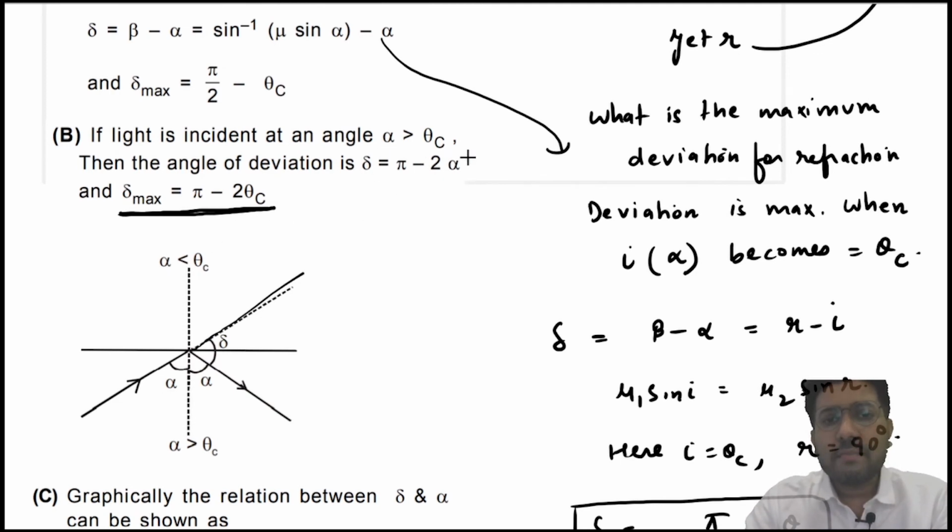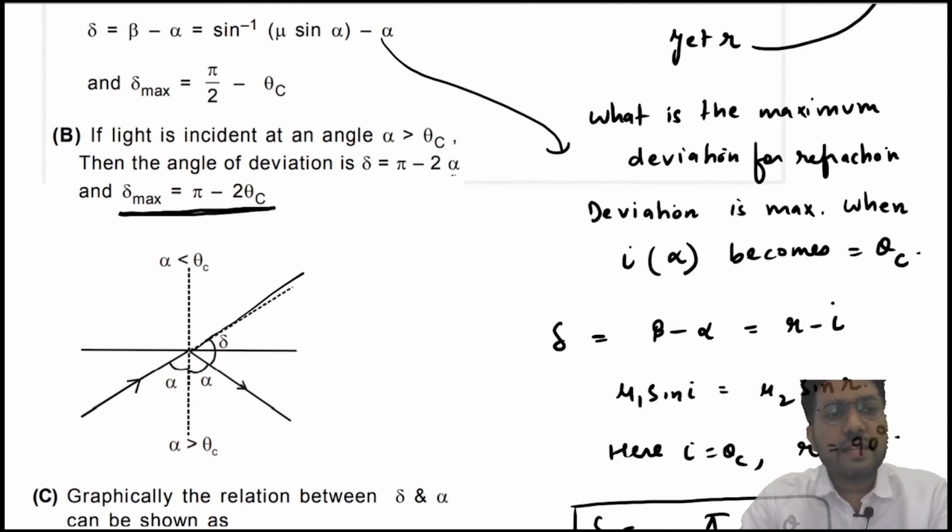Why is the minimum alpha theta c? Because if the angle of incidence is less than theta c, there will be no reflection but refraction. Reflection starts from an angle which is greater than theta c, right? So alpha will start from theta c, and the maximum value of deviation will be pi minus 2 theta c.